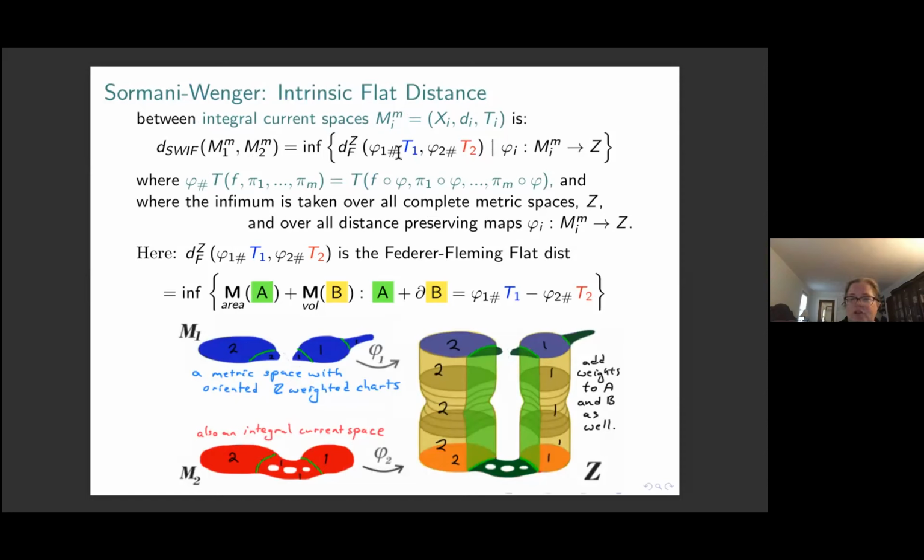After that, we look at the push forward of the charts, and we estimate the infimum of the mass of A plus mass of B such that we have the subtraction. If you change the distance, the only thing that changes is the distance preserving maps. If you keep the distance the same and change the integral current structures, you'll have the same distance preserving maps, but the integral current structures might have completely different A's and B's that fill them in.